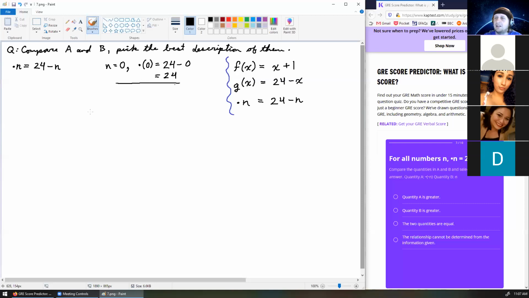How about if n equals 100? Then what does dot n equal? If n is equal to 100, what does dot n equal?